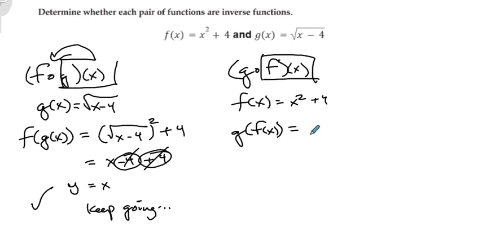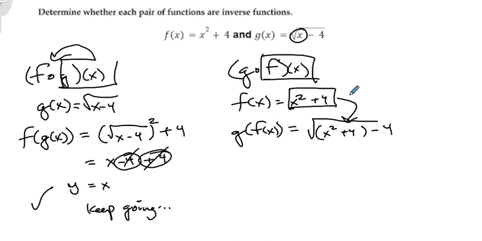So my g of x is the square root of something minus 4. We're going to leave a spot for the x, and we're going to go minus 4. And we're going to put x squared plus 4 under there, because that's what we're putting in for the x.